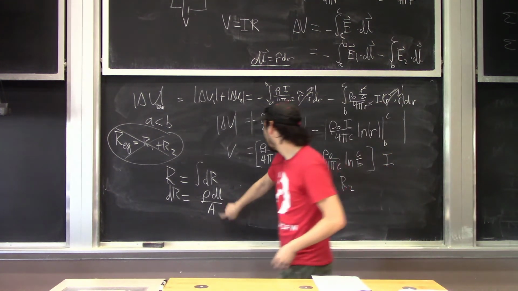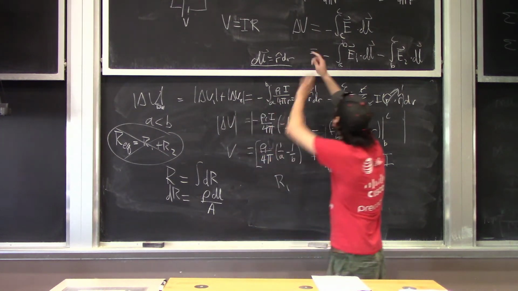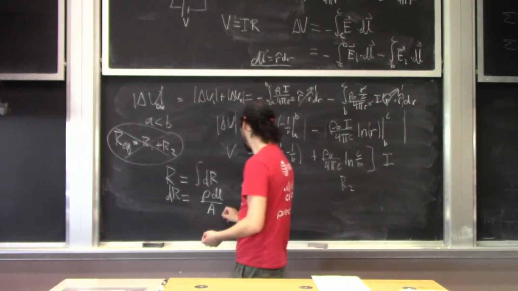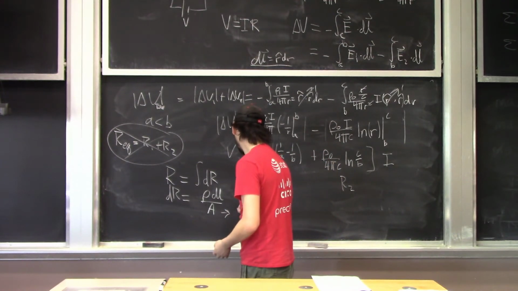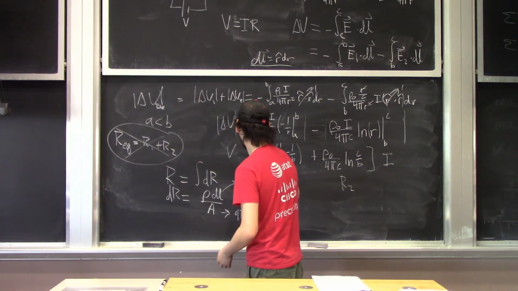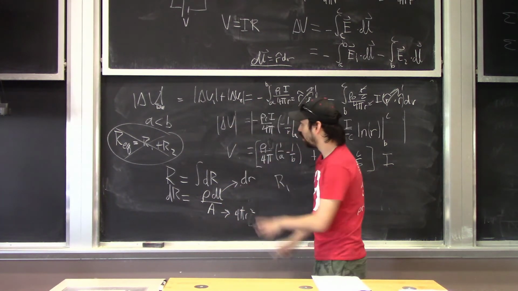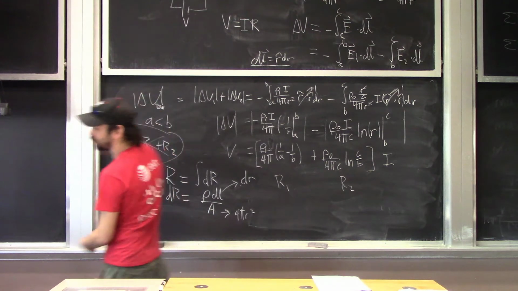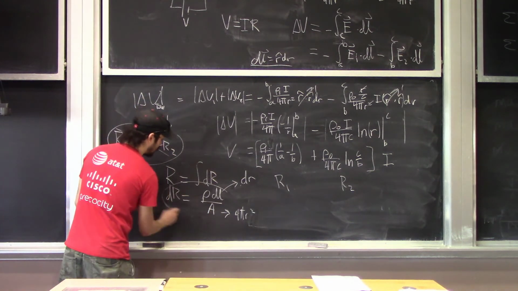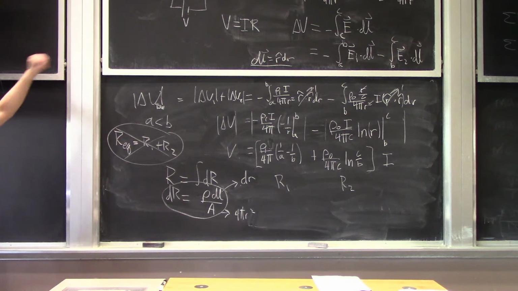And A is going to be the area that the current density flows through. So in this case, if I say that A is going to be equal to 4 pi r squared, and dl is just going to be dr, and rho is whatever rho is for each individual region, I can just calculate it explicitly like this, and I don't have to go through the whole process of using the microscopic form of Ohm's law. Okay.